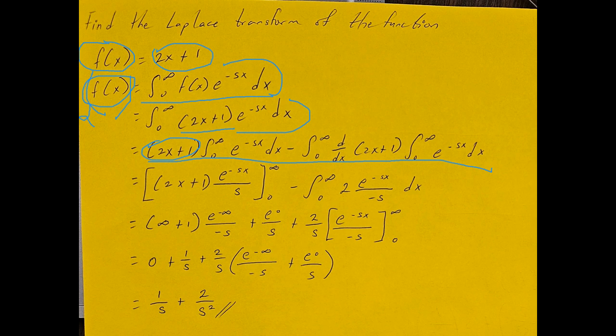If I do this, I would multiply 2x with e to the negative sx dx, plus 1 times e to the negative sx dx. I would split it into those two. Then the first one, I need to do partial integration by parts. I don't understand, can you explain what you are doing here? What are you trying to apply?